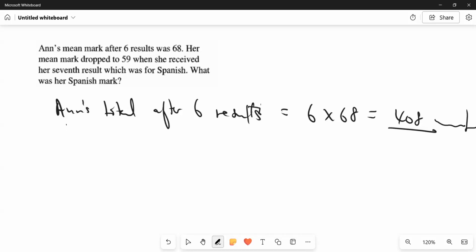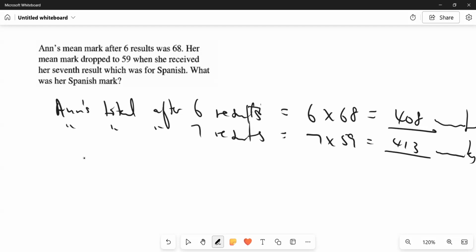Good. Anne's total after 7 results now would be what? 7 multiplied by 59, which is 413 marks, right? So you can see what she got in Spanish.